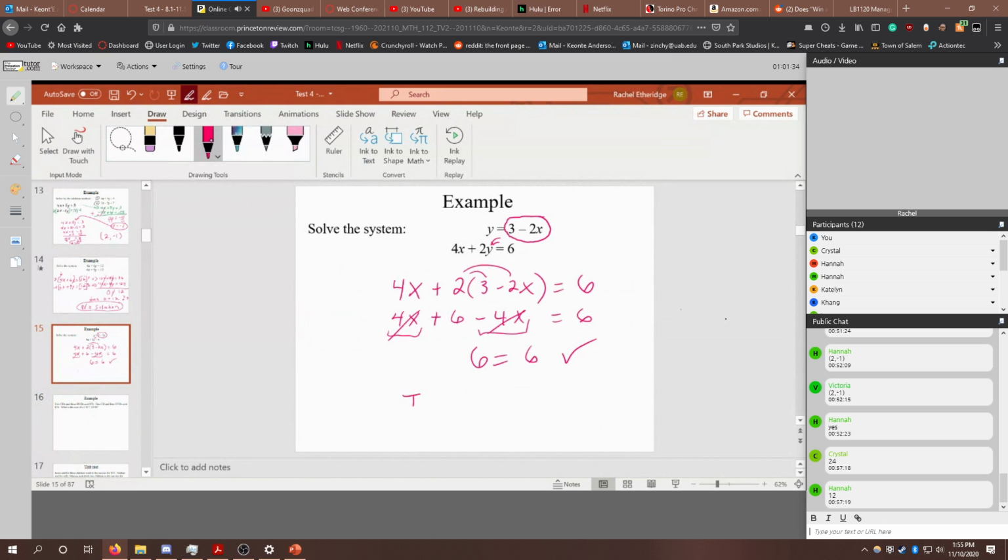That means that you have an infinite number of solutions, or infinitely many, because the two sides end up equal. So your variables cancel out, but this is what tells the story. If the two sides are equal, that's what you get.